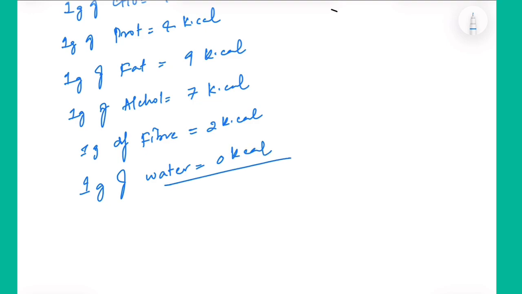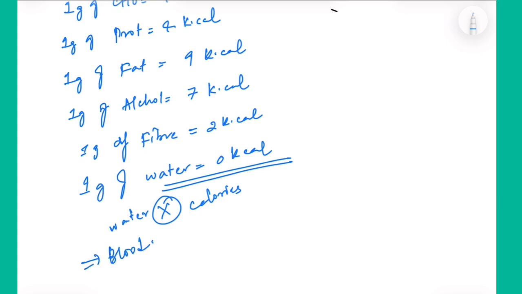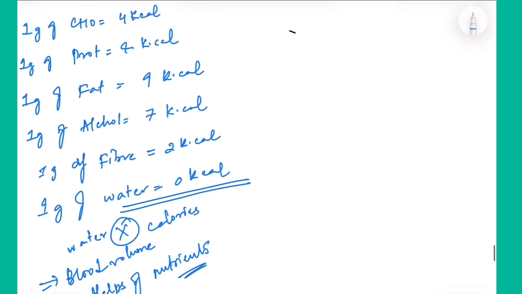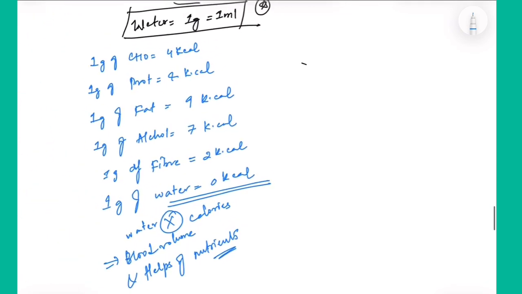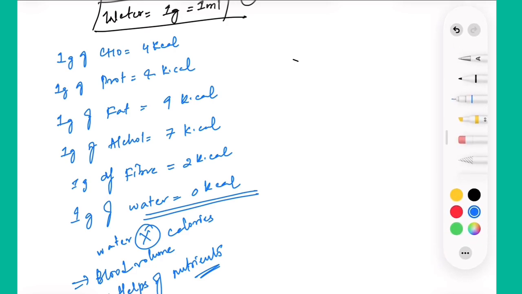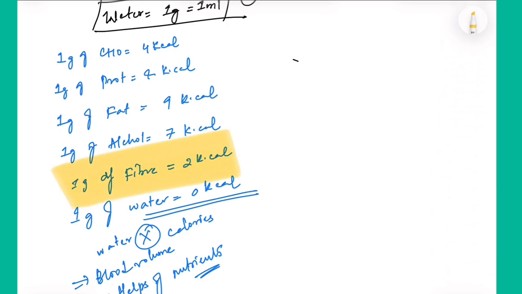Okay, so water doesn't have calories. This is what you need to remember. Water helps to maintain blood volume and helps in transportation of nutrients to all the parts of the body. So this is the important point that you need to remember: 1 gram of fiber is 2 kcal, whereas 1 gram of water is 0 kcal.